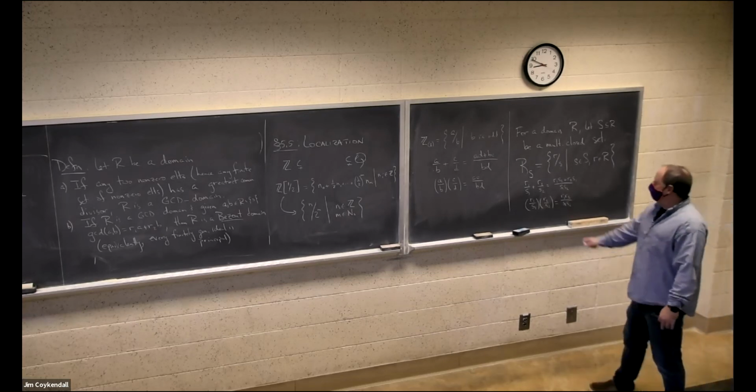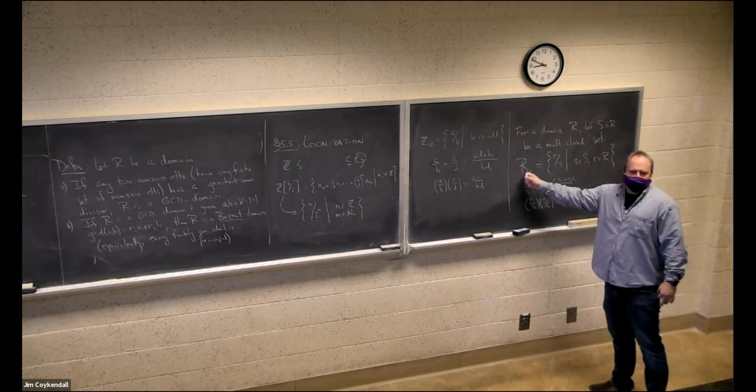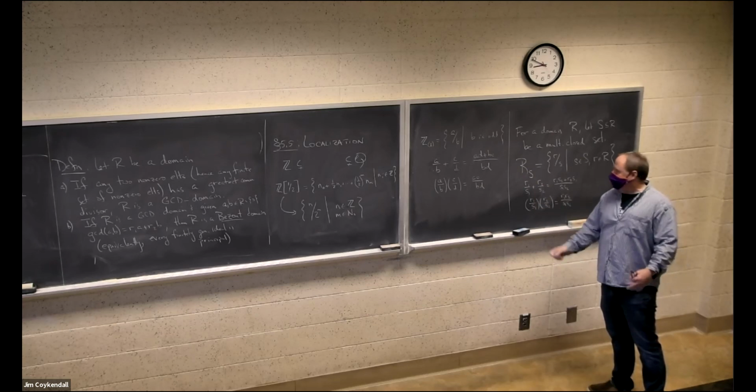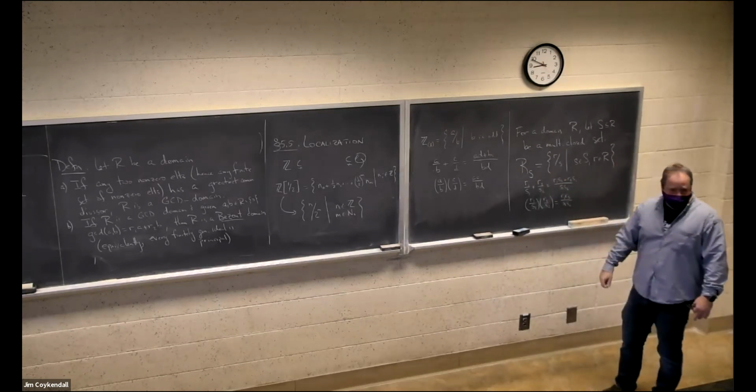And this is called the localization of the ring R at the set S. So I'm taking some subset and allowing denominators.